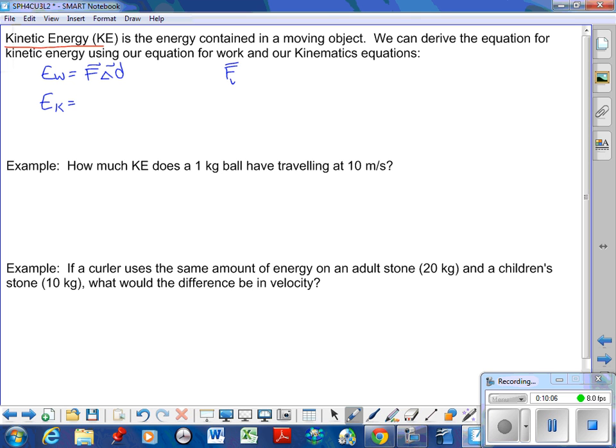Again, force comes from Newton's second law, F equals ma. So I need to get rid of that acceleration, and we do that from our kinematics equation, v2 squared equals v1 squared plus 2a delta d. And what we do is we assume, for this formula, that v1 was equal to 0 initially. So we're talking about an object that started from rest and then began to move, which means that that part of the equation would disappear.